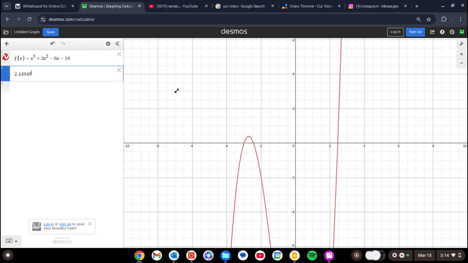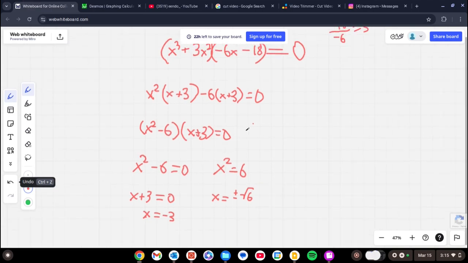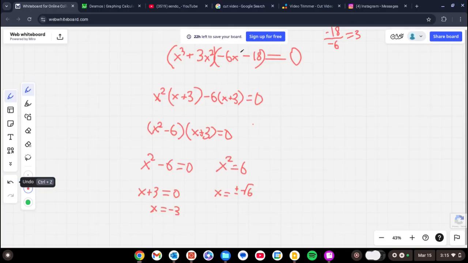You take this to the power of 2, and you get approximately 6. So the square root of 6 will be this number and its negative counterpart, which is exactly what we got here. So you could type, as I said with the last video, this in all of these forms and you'll get the same thing.